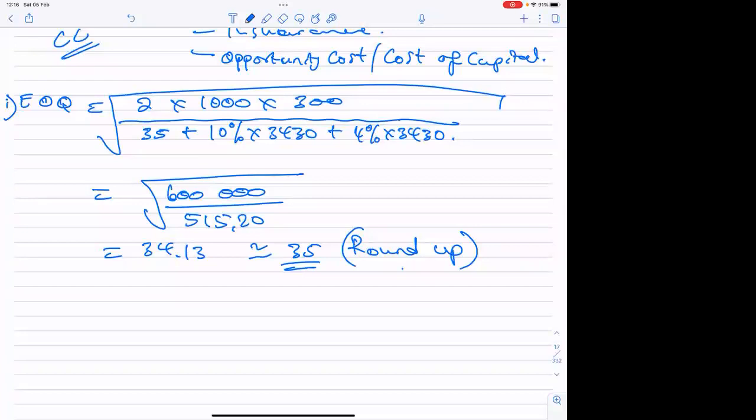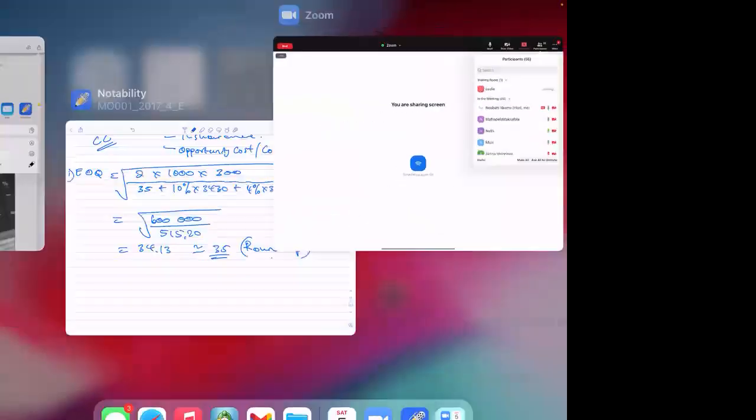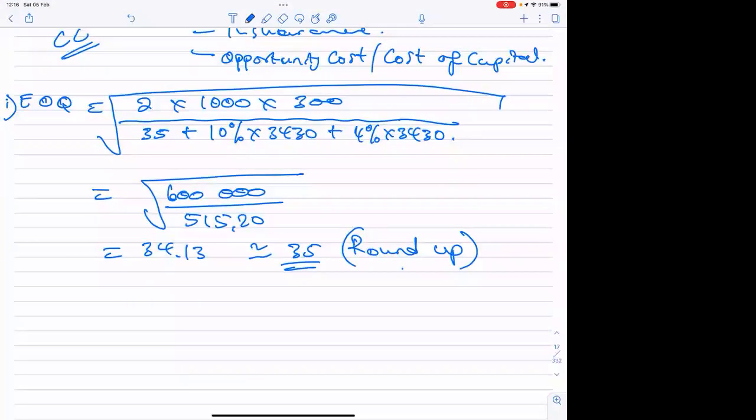It is the number of units, the max order that you can go for. So we are saying optimal levels. Yes, it is the optimal level.